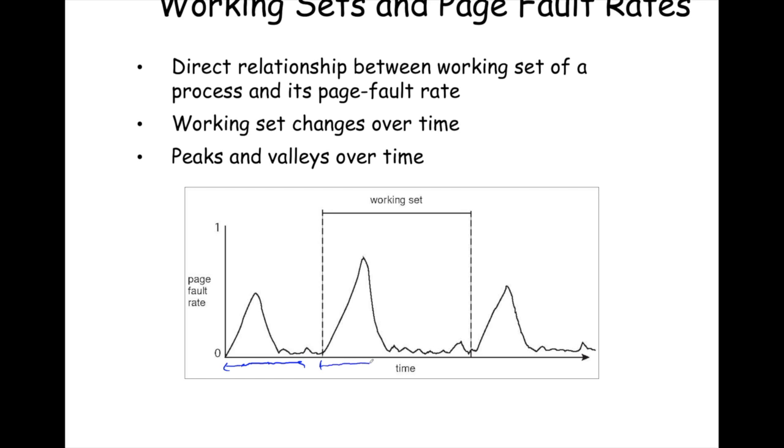And then as you get closer to this working set size needed, those page faults go down over time. And you'll notice here, the working set, that span, changes from one instance to the other, because the working set changes, and it has to change as the localities change for your thread as it executes within its virtual address space.